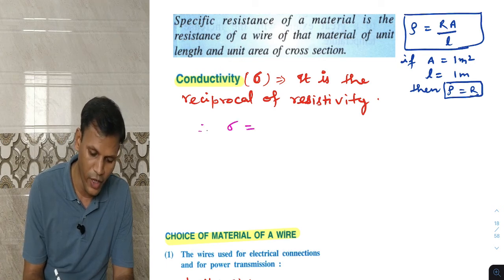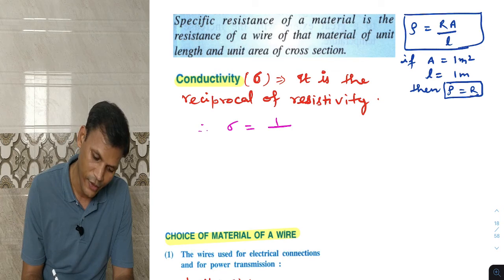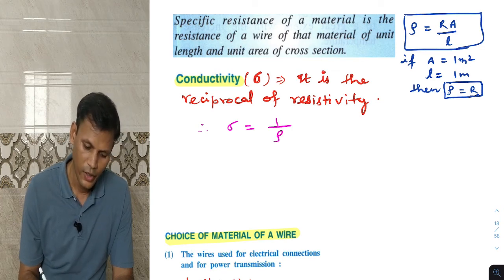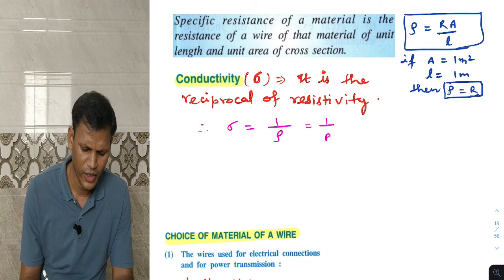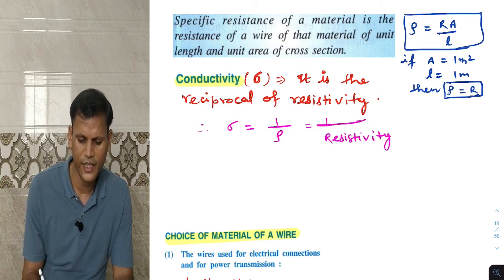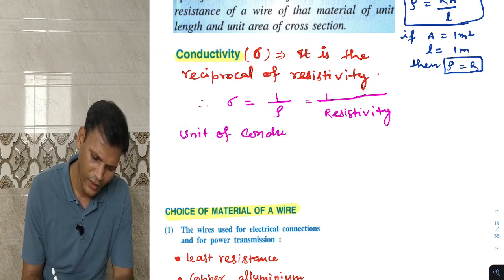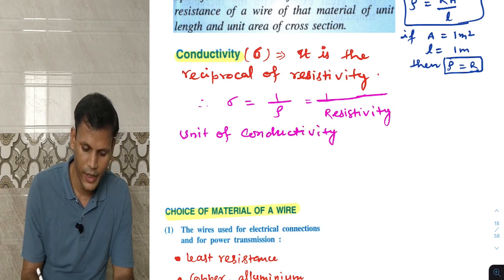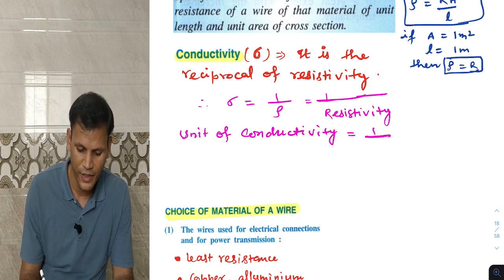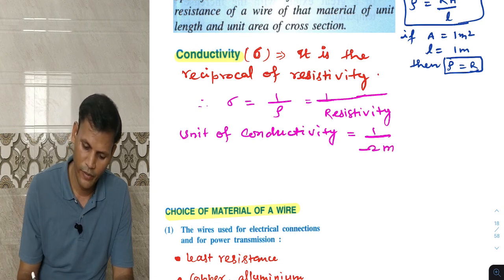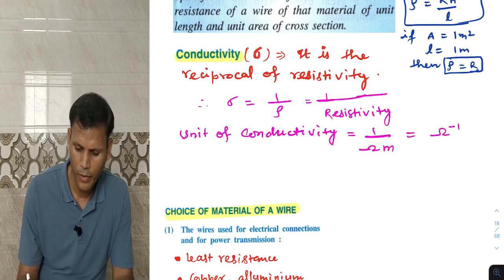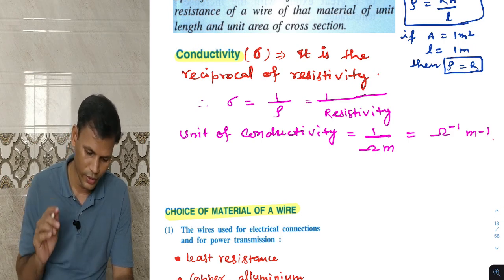So sigma will be 1 by resistivity rho, that is 1 by rho. So 1 by resistivity is conductivity. We can also write the unit of conductivity: it will be 1 upon the unit of resistivity, which is ohm meter, so it will be per ohm per meter. You have to remember it.